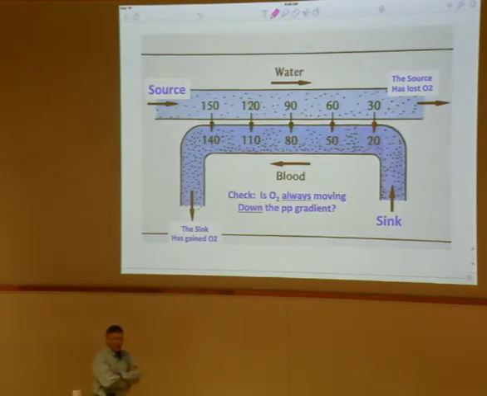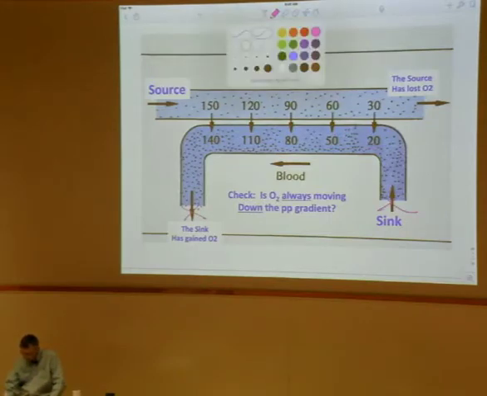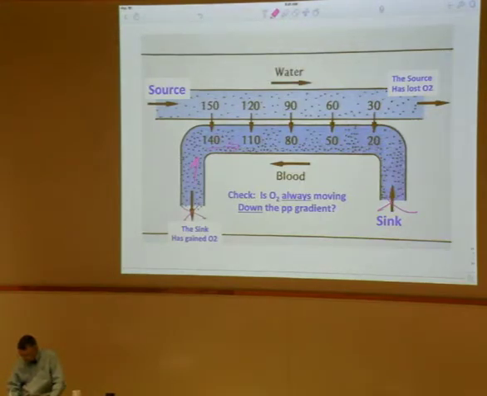So I gave you a homework problem in which somebody diabolical had changed the direction of blood flow through a gill so that instead of going in this direction, the blood is going in this direction.